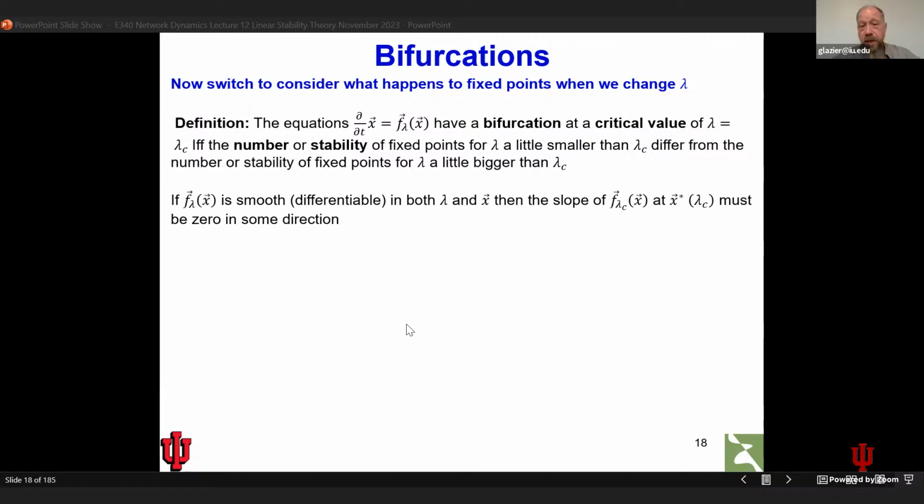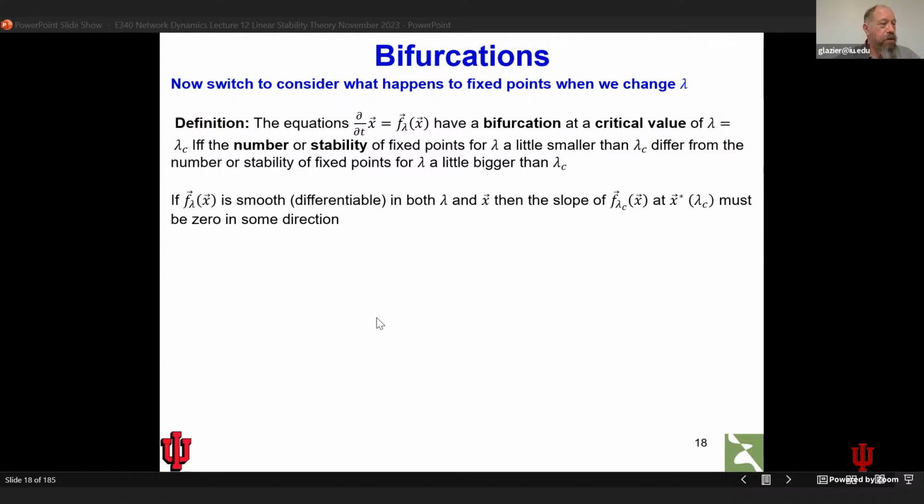There's some change in the identity of the fixed points. Now, it happens also that if f of lambda is differentiable in both lambda and x, then, as Elmer said, the slope of f at the fixed point has to be 0 at the bifurcation, at the critical value of lambda.